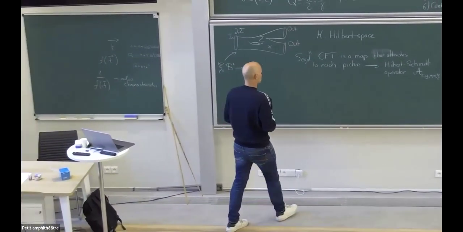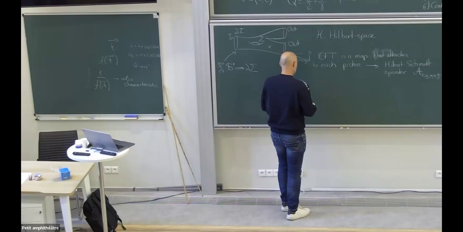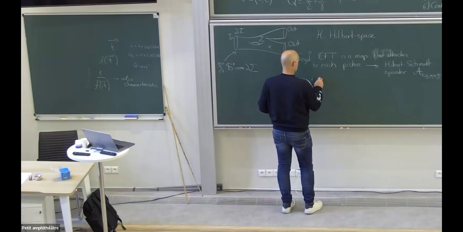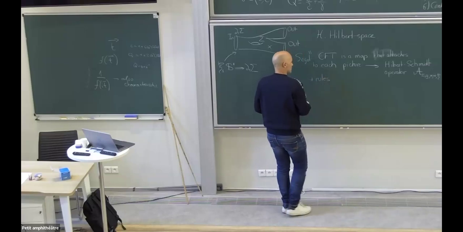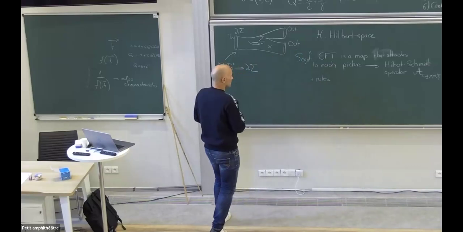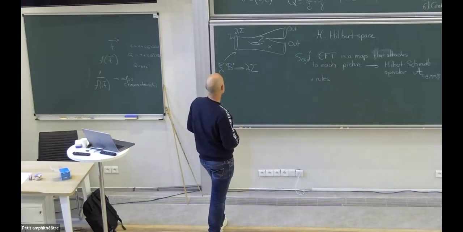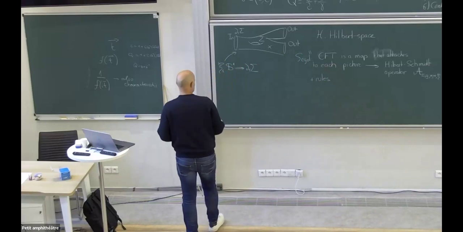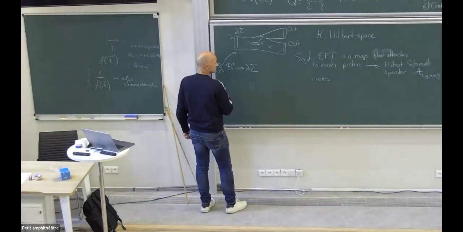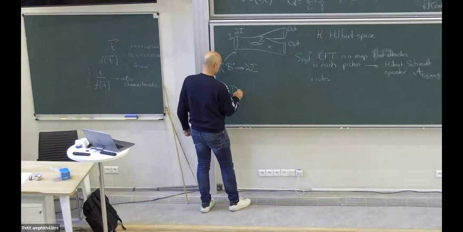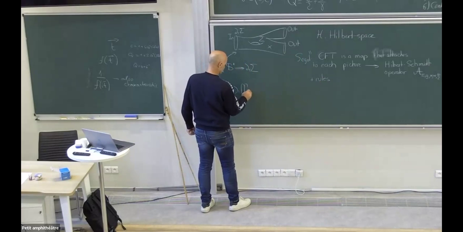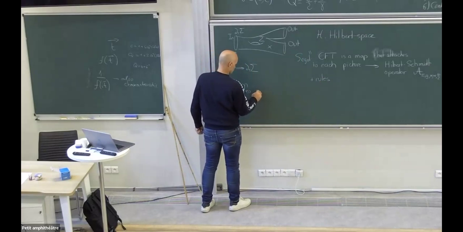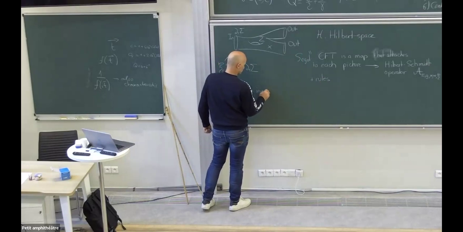Okay, so there are these maps, and they have to obey some rules. I won't list all of them, but the main rules are the following. First, these amplitudes have to be invariant under diffeomorphism.